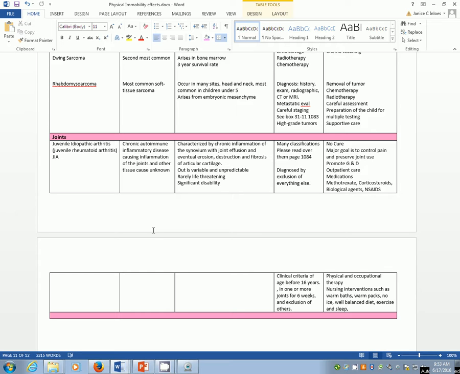Of course, it's characterized by that chronic inflammation of the synovial joint, effusion, and eventually erosion, damage to the joints. Our outcome is variable and it's unpredictable. It's rarely life-threatening, but it's terribly disabilitative.